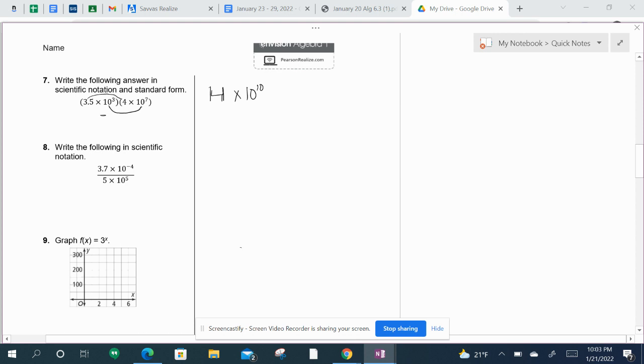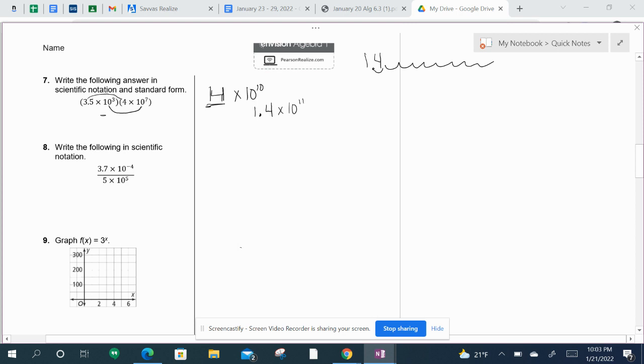Now, this is not truly finished because remember, in scientific notation, our first number has to be between 1 and 10. So I'm going to move the decimal point to 1.4. But when I do that, I also have to change my exponent. If I think about this as 14 times 10 to the 10th, if I now change my decimal point here, I have to move it an extra spot. So it would be times 10 to the 11th.